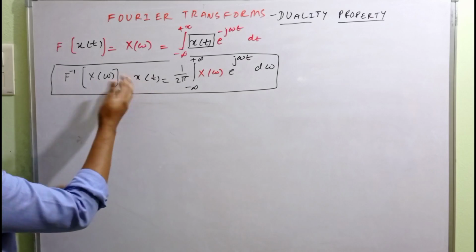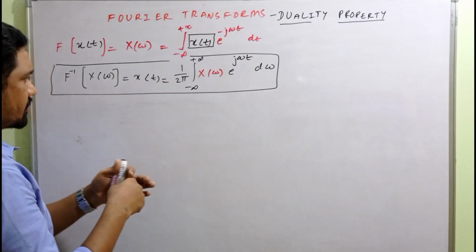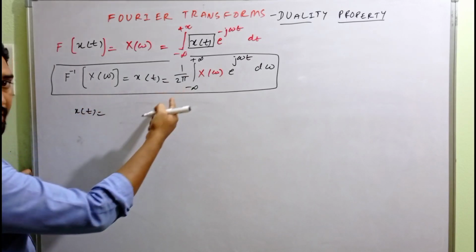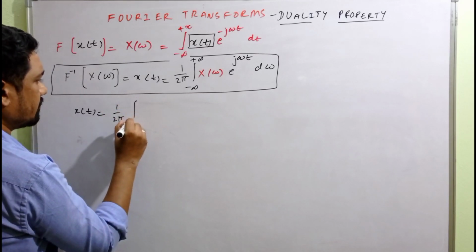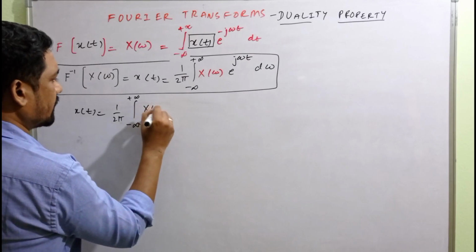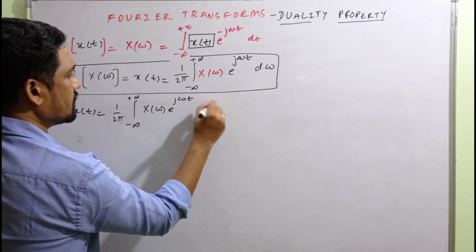The duality property will start from here itself, from the inverse Fourier transform. It's x of t, rewriting it again, equals 1 by 2 pi integral from minus infinity to plus infinity X of omega e raised to j omega t d omega.